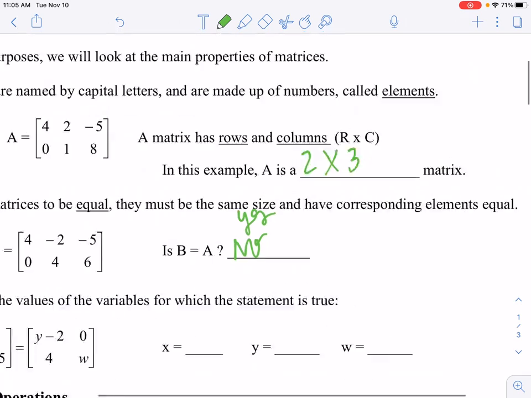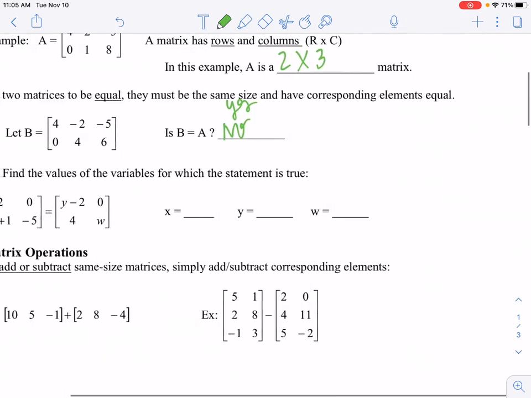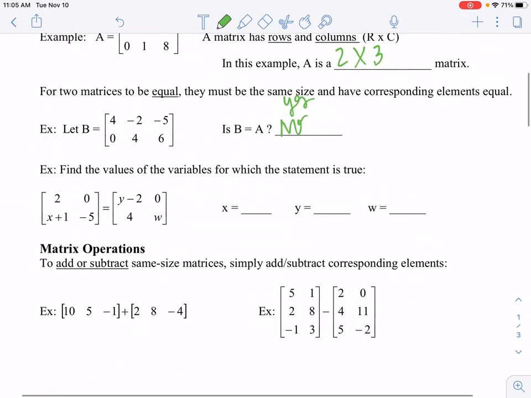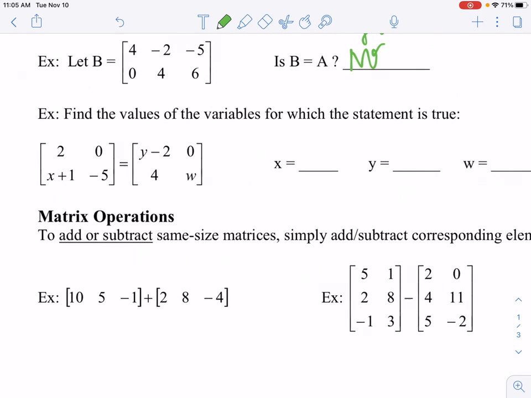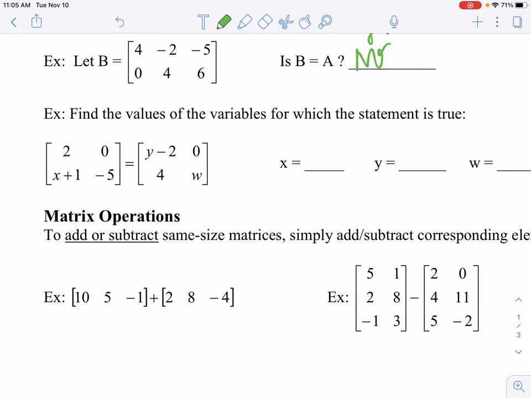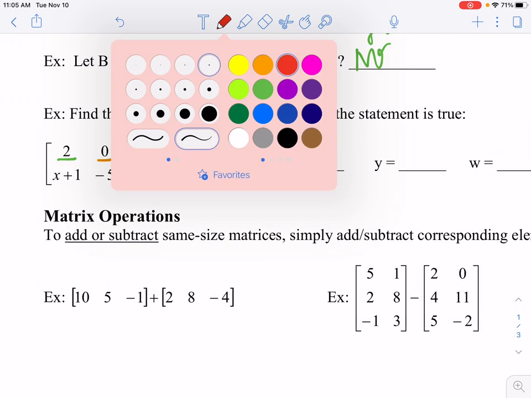Okay, so find the values of the variables for which the statement is true. Assuming they are equal to each other, we can set the corresponding elements equal to each other. So for example, this 2 is equal to this y minus 2. This 0 is equal to this 0.